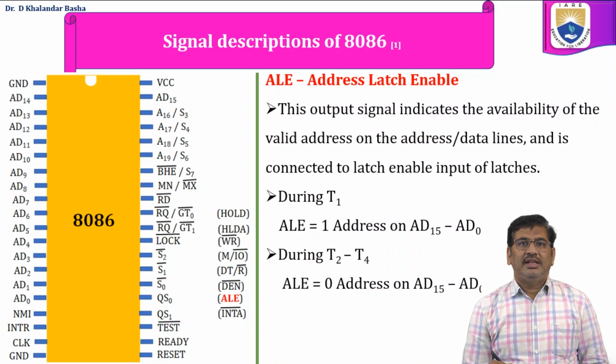For a machine cycle, as we know, we are having 4 clock pulses, T1, T2, T3, T4. During T1, the ALE goes to 1, indicating the lines AD0 to AD15 will consist of address information. During T2, T3 and T4, the ALE signal goes to low and the lines AD0 to AD15 give the data information.